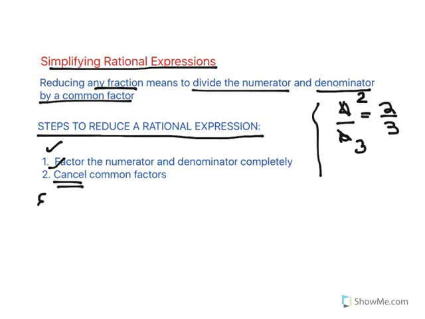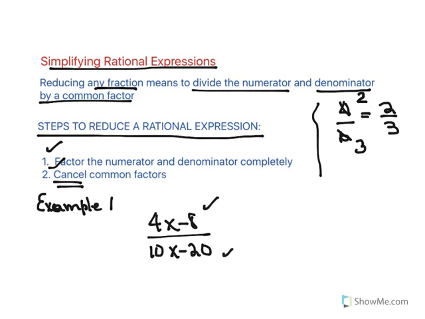Okay, so let's do the first example. We have a rational expression given by 4x minus 8 divided by 10x minus 20. This is a rational expression because the numerator and the denominator are polynomials. So let me go with the first step. I'm going to factor the numerator and the denominator completely.